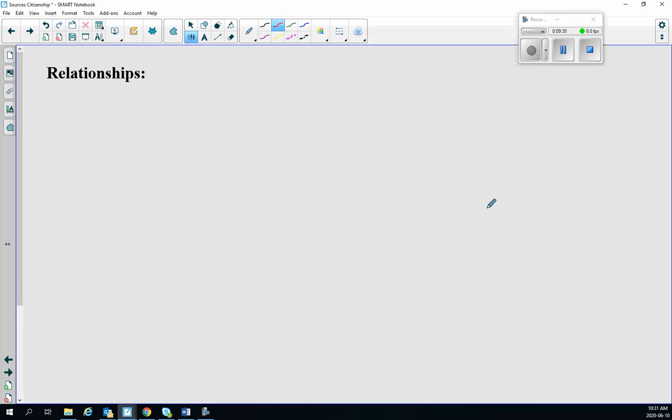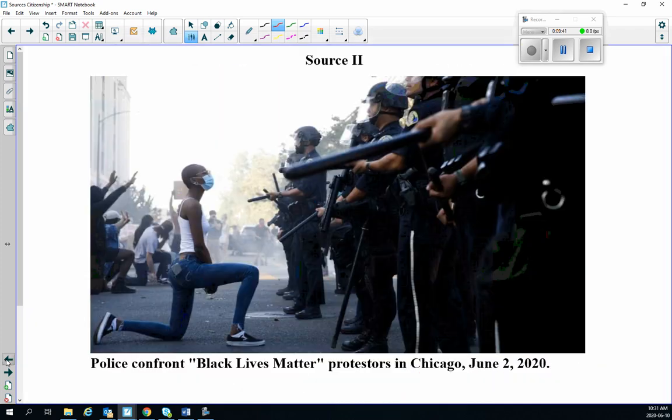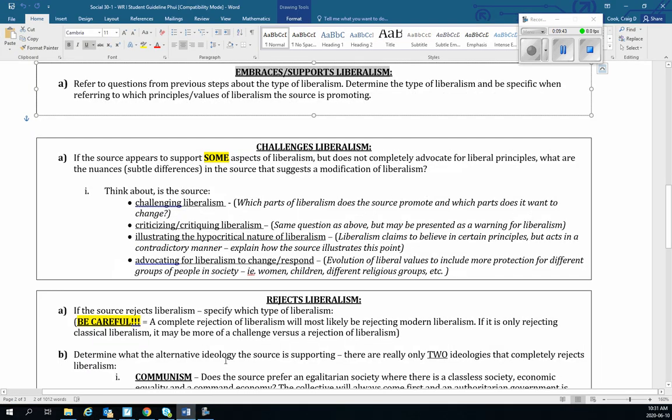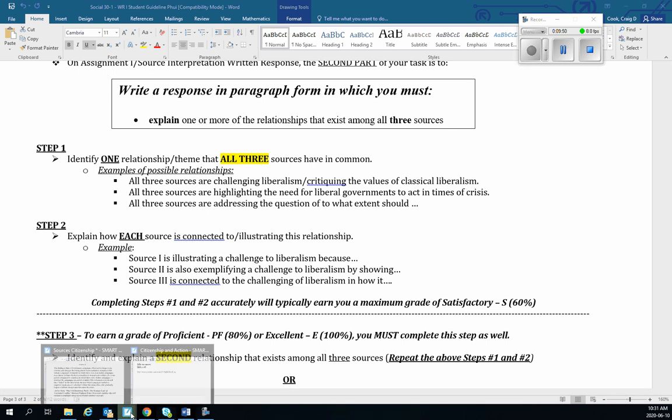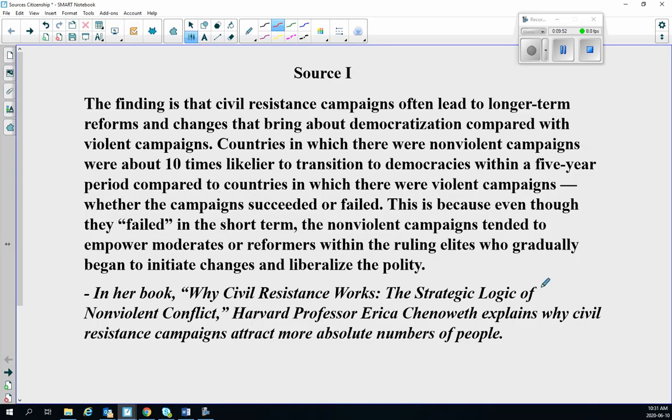And then finally, for the last time, let's do our relationships. So again, step one, when we figure out relationships, we need to pick a theme or a concept and link all sources to that theme or concept. So there was source one, a quote, a finding on civil resistance.